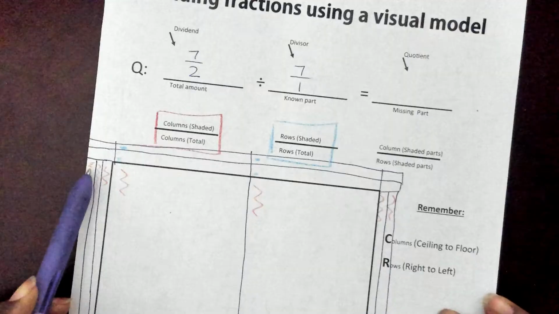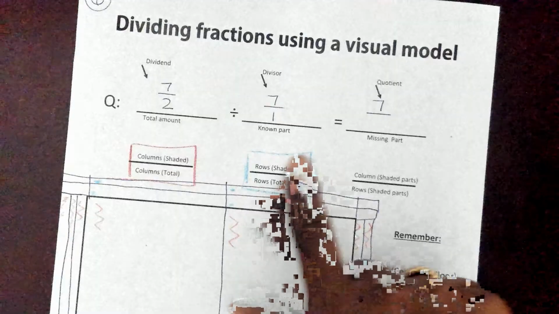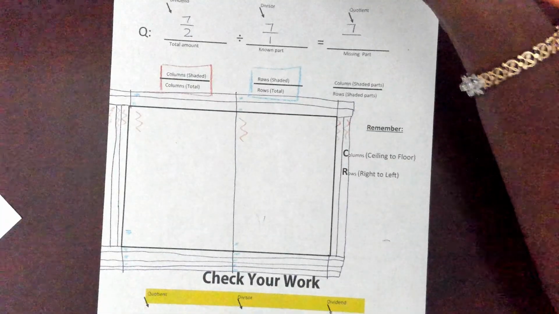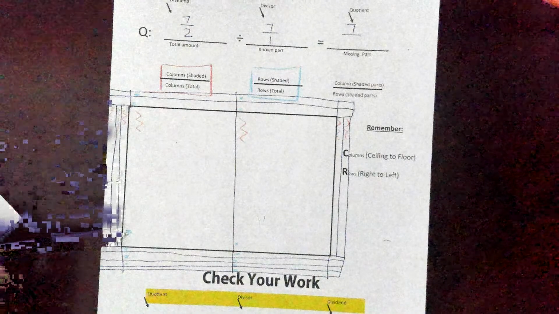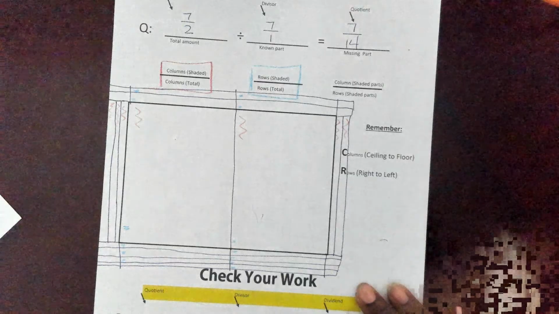We had 1, 2, 3, 4, 5, 6, 7 marks. And then we have to know how many row pieces were shaded. When we zoom out a little bit, we can see that we had 1, 2, 3, 4, 5, 6, 7, 8, 9, 10, 11, 12, 13, 14. So we had 7 over 14.